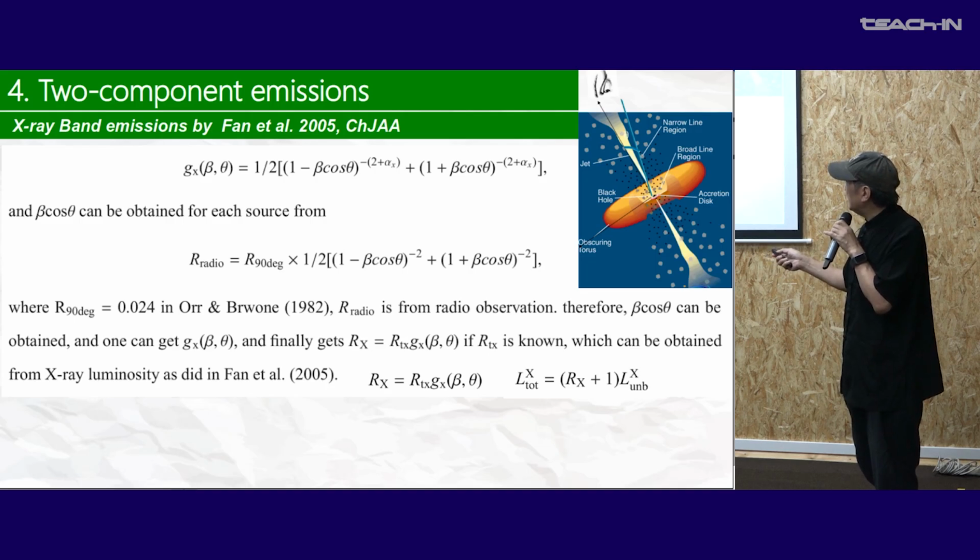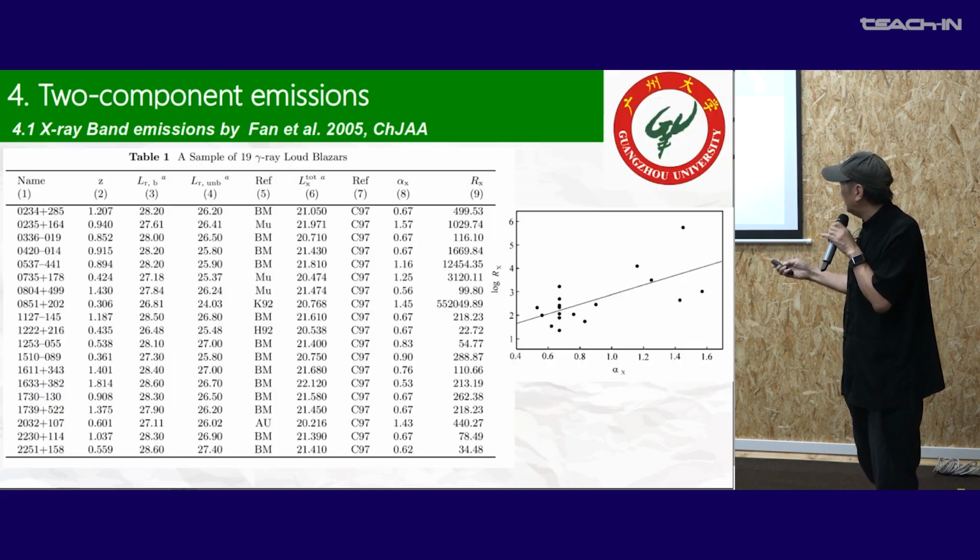How to get this one? We can get it from the radio band. In the radio band, this is just the core dominance parameter. We can get it, and here we have the value from this work. And if we have this one, we can get beta cosine theta. And if we insert this in this place, we can get g_X from beta and theta.